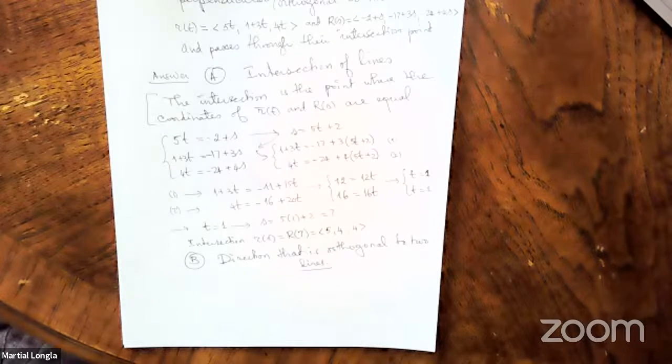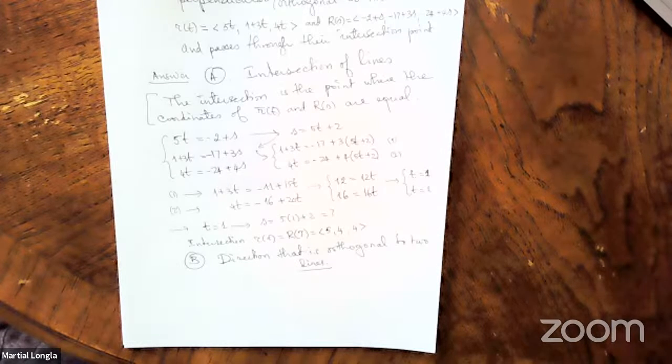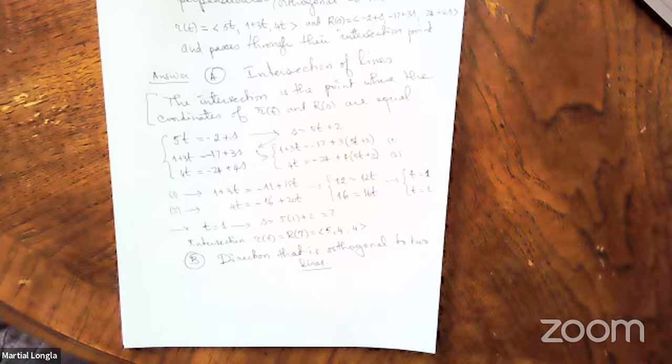All right, so you have two. How can I find a vector that is orthogonal to two given vectors? Does it have something to do with subtracting the two vectors?